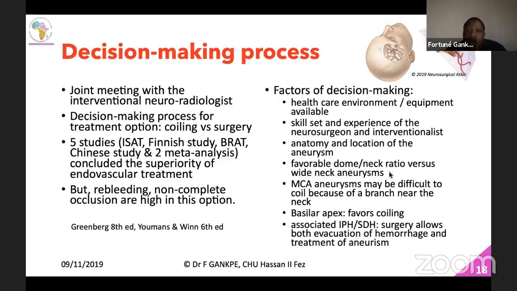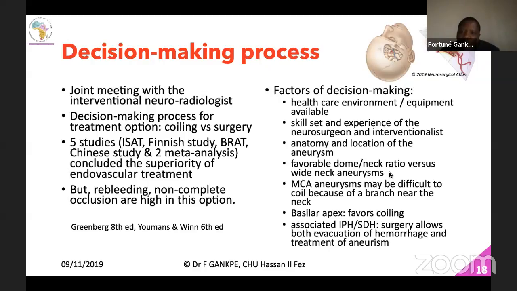So what are the different factors of the decision making? It depends on the healthcare environment, equipment available, the skill set and experience of the neurosurgeon and interventionalist, the anatomy and location of the aneurysm, and the favorable dome to neck ratio. More than 2 is very favorable for coiling versus wide neck aneurysm.